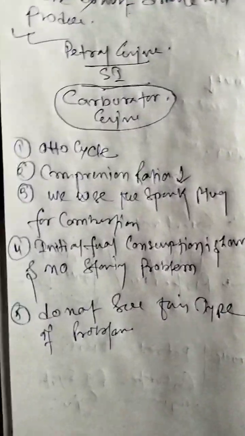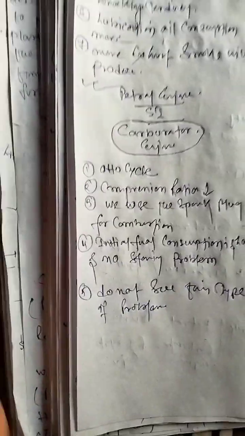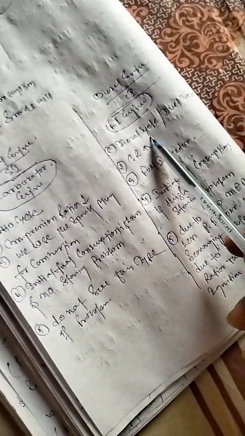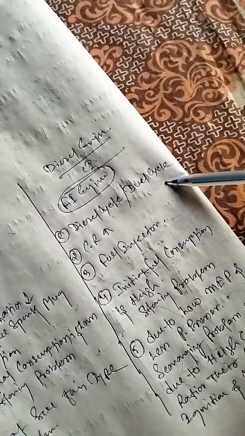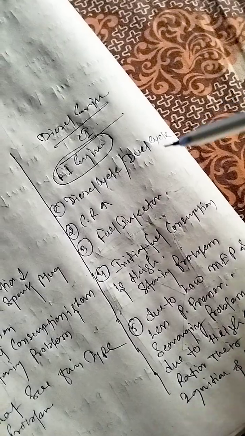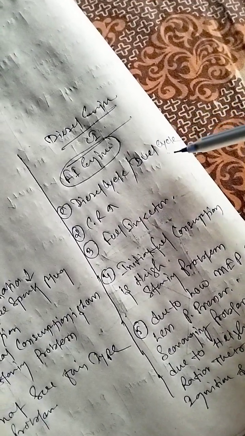The petrol engine runs on the Otto cycle, but the diesel engine runs on the diesel cycle. But nowadays we run our diesel vehicles on the dual cycle. Why? It is a very big question. We will discuss it later.